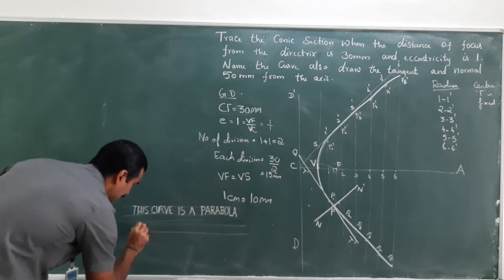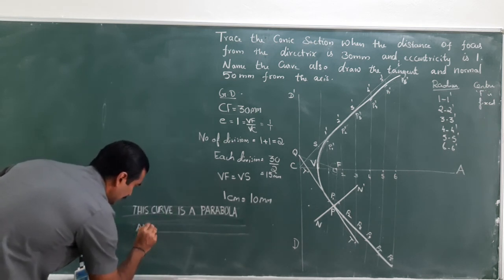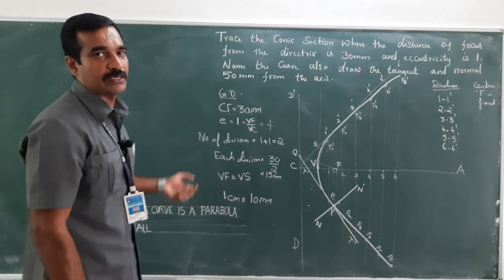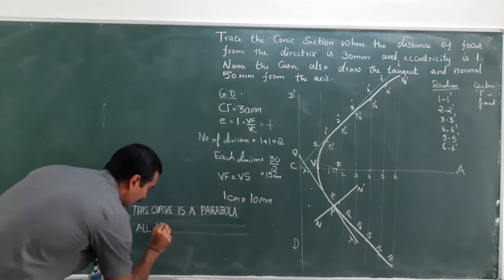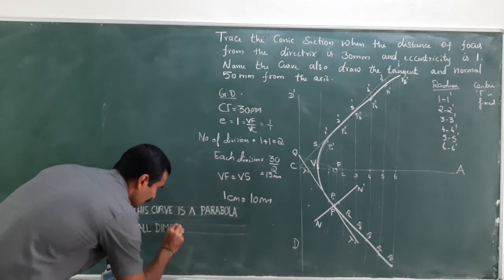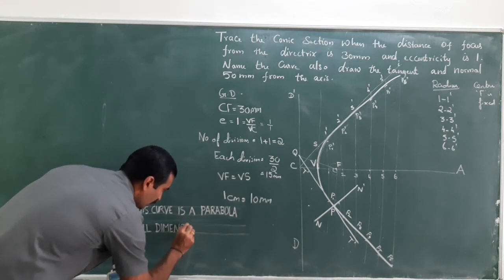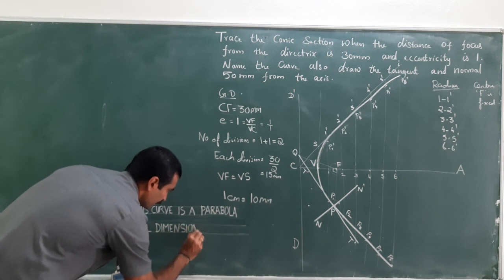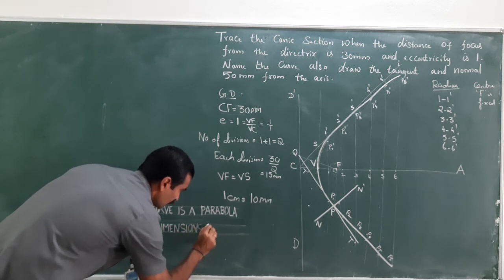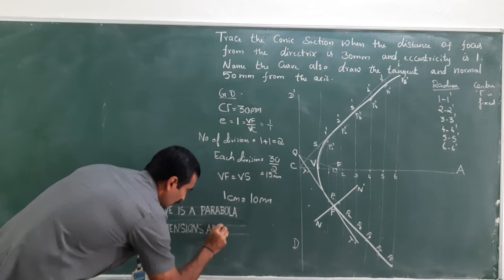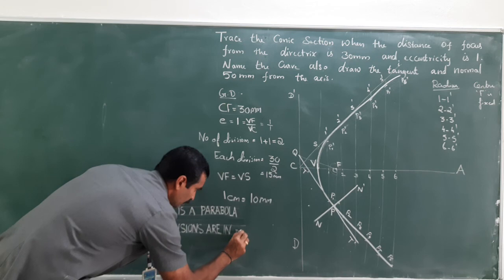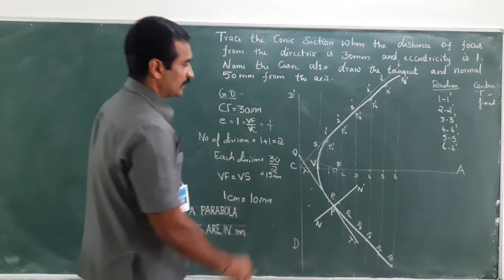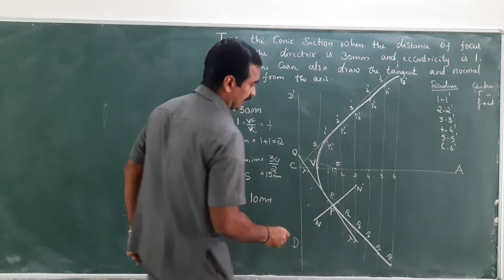The unit of the dimensions I have considered should be specified in each and every drawing. All dimensions are in mm. Mm is nothing but millimeter. So the distance between C and F is already given as 30.